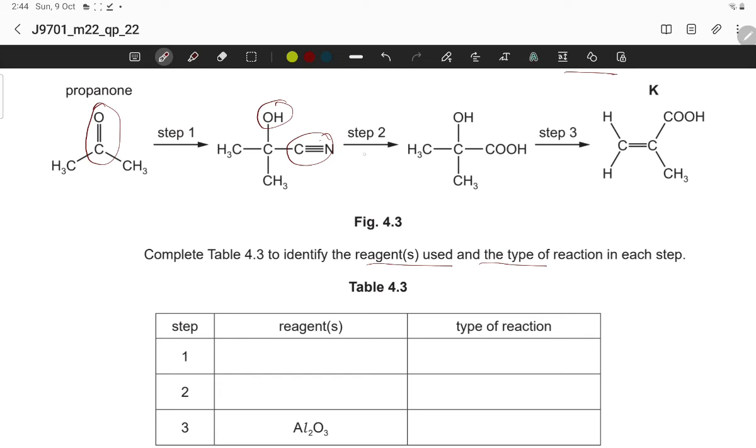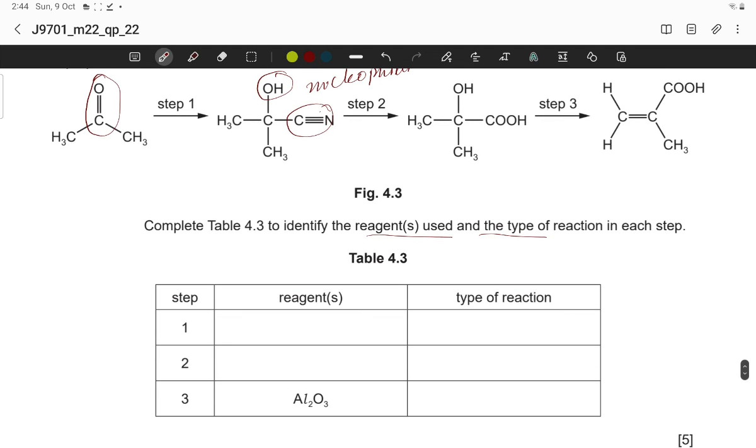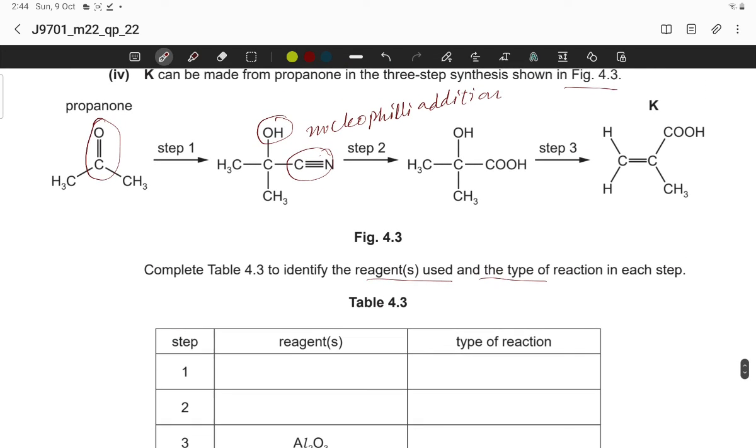Here the cyanide group is added, so the reaction is nucleophilic addition, and the reagents are NaCN plus HCl.